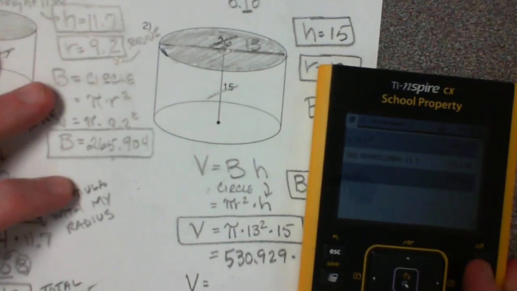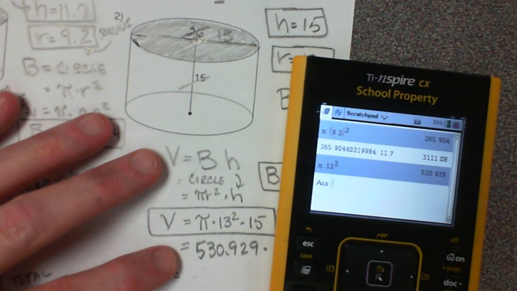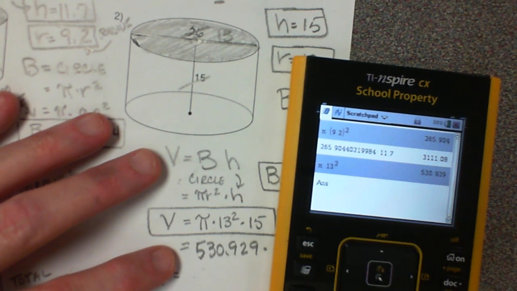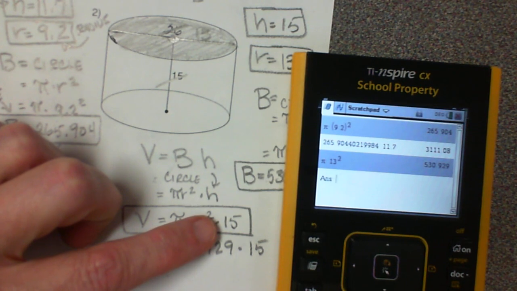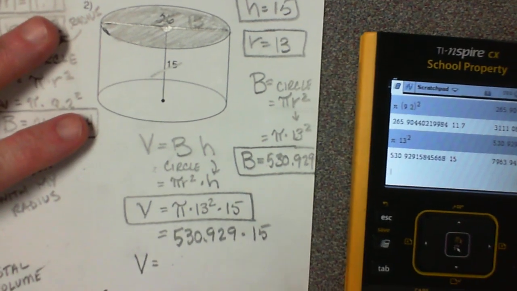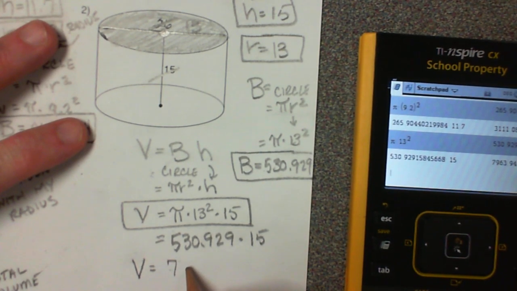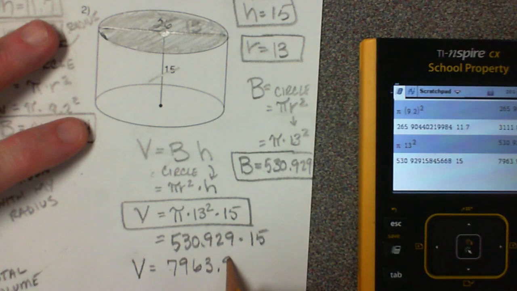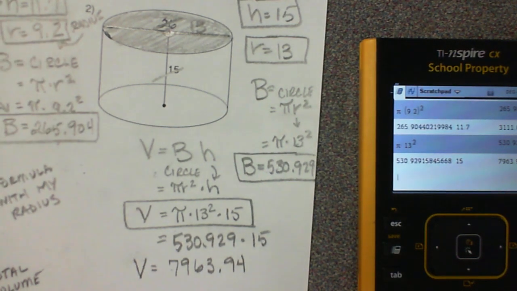So in my calculator, I should have this number already in there. I just take that number and multiply that answer times the height line, which in this case is 15. And I get a total of 7,963.94.